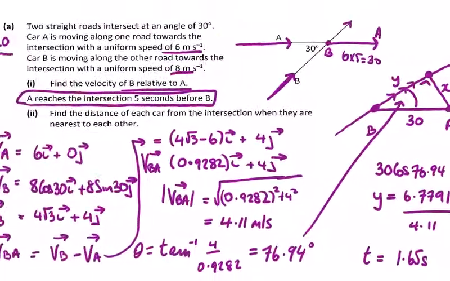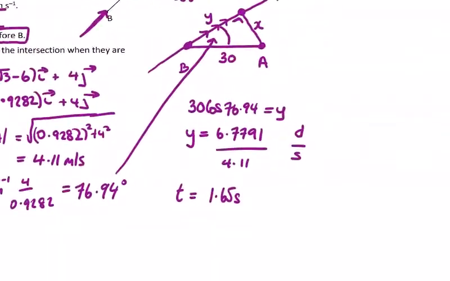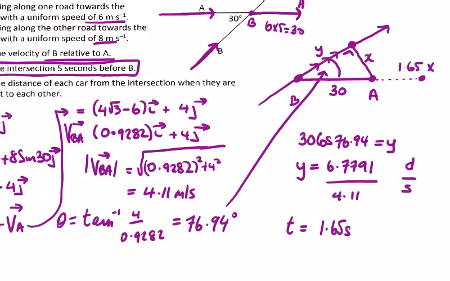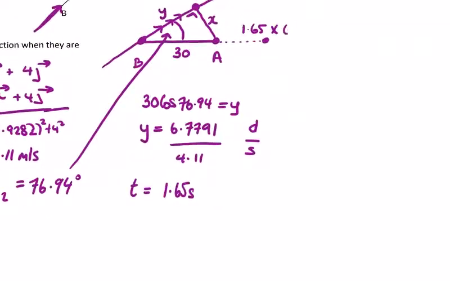So we're asked the distance of each car from the intersection. A is going to go another 1.65 seconds along here. 1.65 by the speed. A was traveling at 6 and B was at 8. 6 by 1.65 is 9.9, plus the 30.